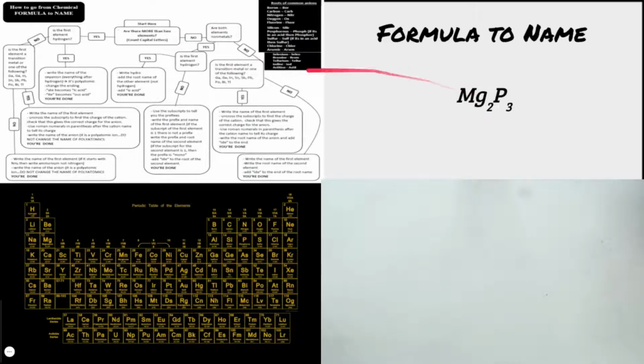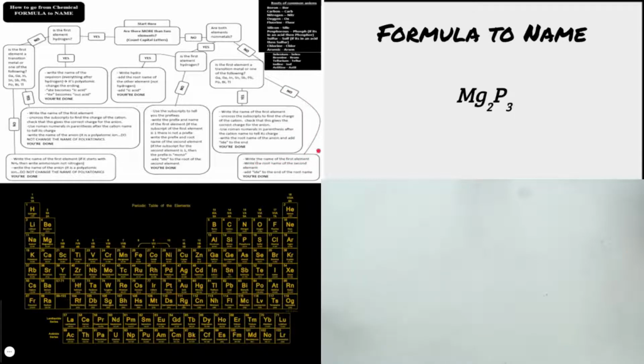Well, Mg is magnesium over here on the left side of the periodic table, so it's a metal. So no. Is the first element a transition metal or one of the following post-transition metals that are all over here underneath the stair-step line? Magnesium is not one of those, so the answer would be no, and I follow this arrow all the way over here.